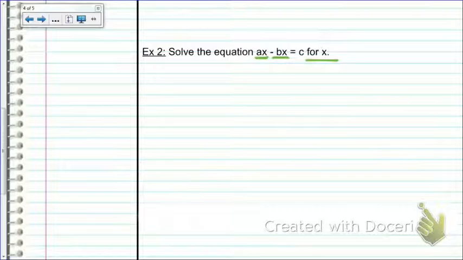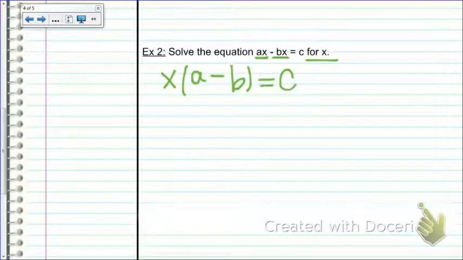I can rewrite this as x times a minus b equals c. Why does this work? If I were to distribute x into the parentheses, would I end up with what I started with? Yeah. So we just did the distributive property in reverse.